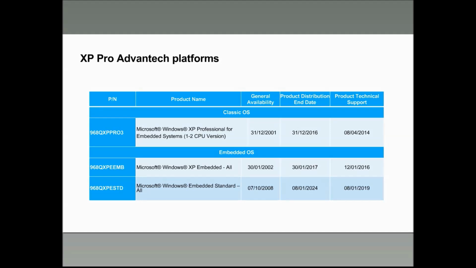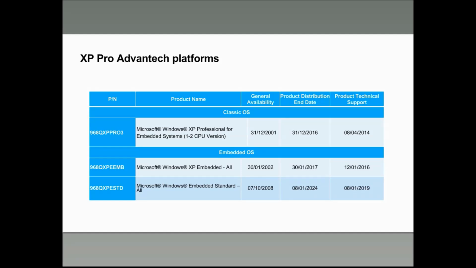Another way is using SUSE Access, which we provide with all Advantech embedded platforms. To this, we have McAfee Application Control, so you can use the whitelist function on McAfee as a system protection solution.